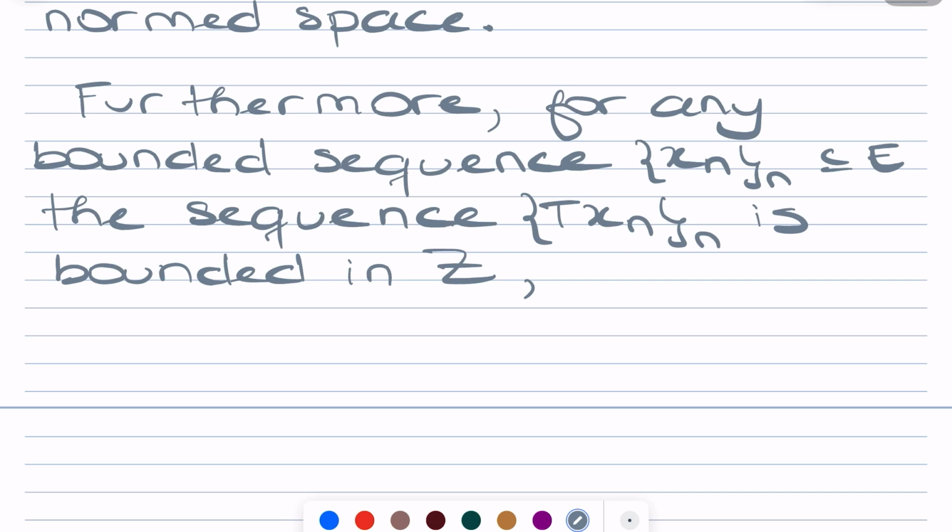T is a bounded operator, so this is less or equal than the norm of T times the norm of xn, but xn is bounded, so T xn is bounded in Z.